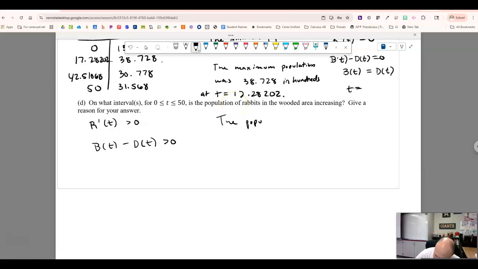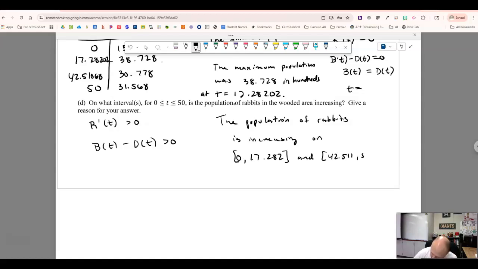The population of rabbits is increasing on 0 to 17.282 and 42.511 to 50. And they say give a reason, because again, B of t is greater than D of t.